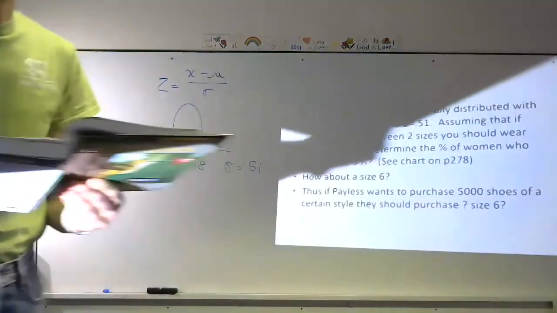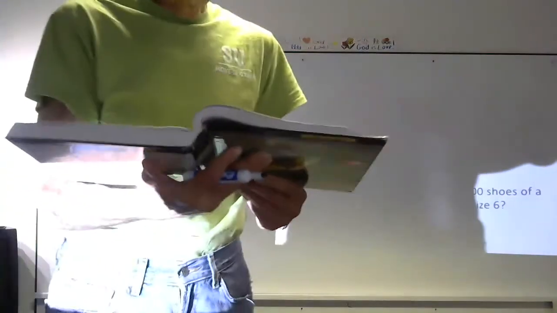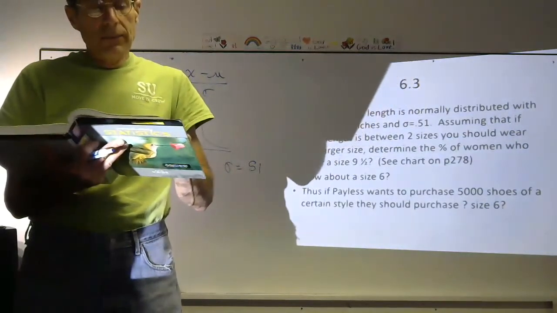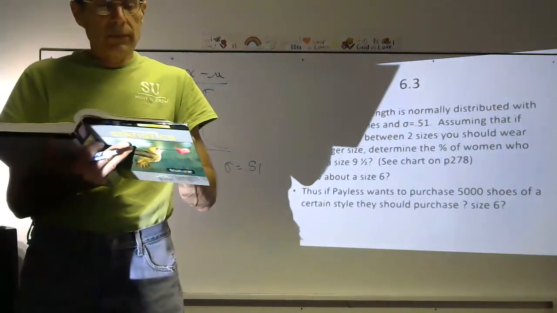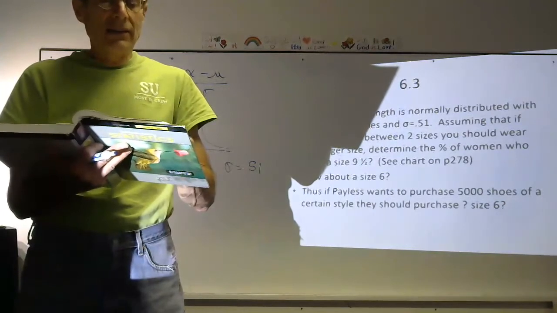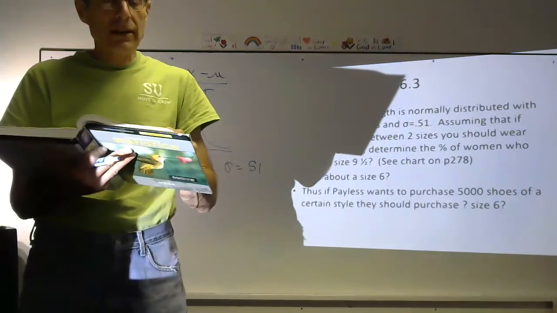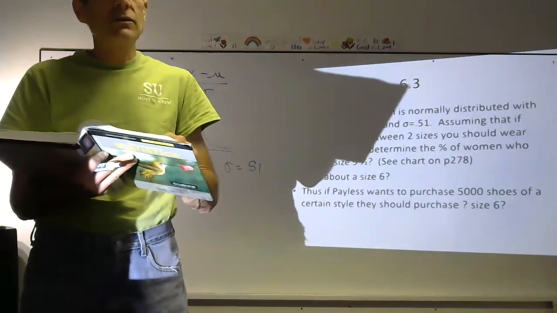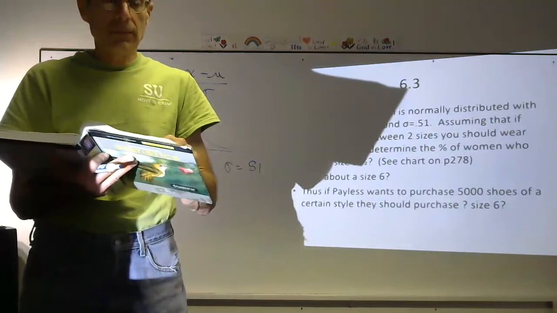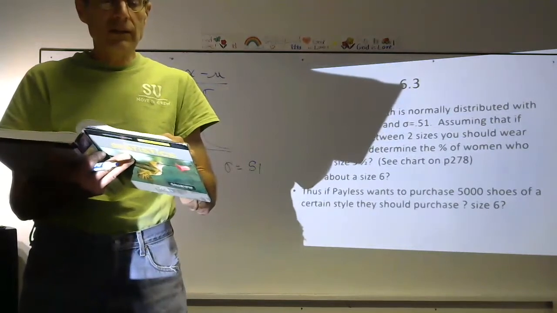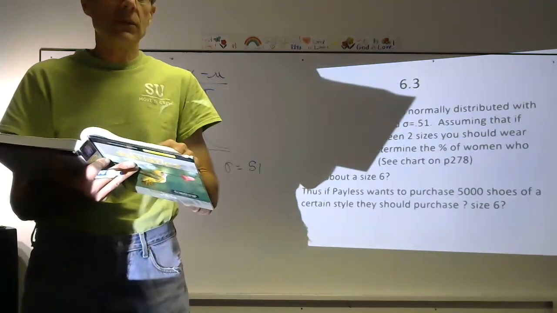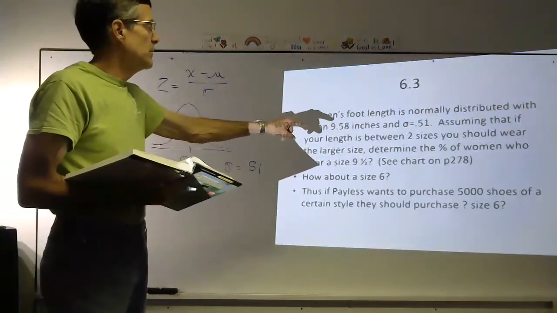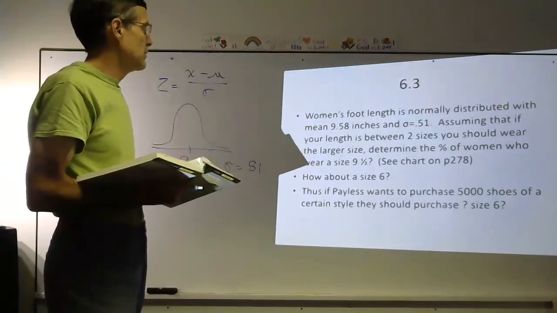Looking at this chart, I suppose the length of my foot is 8 and 9/16. You will not fit into a size 4.5. Do you agree? If your foot is 8 and 9/16, you're going to have to wear a 5. That's what it means when it says if your length is between two sizes, you have to wear the next biggest one.